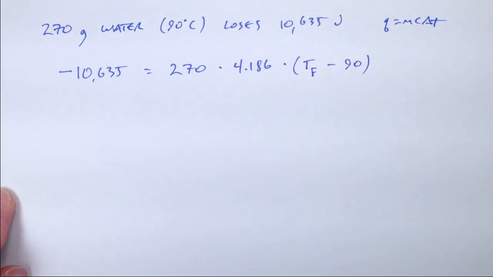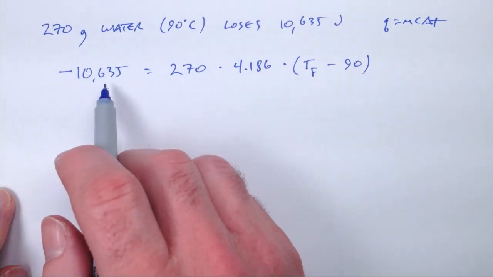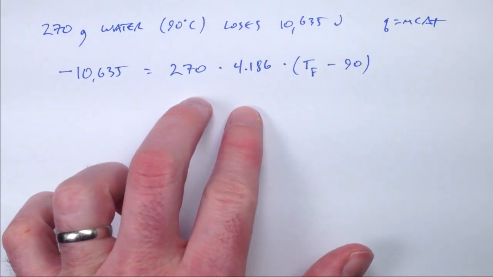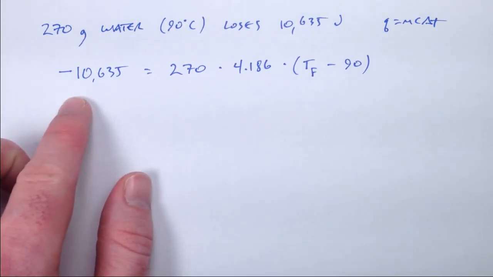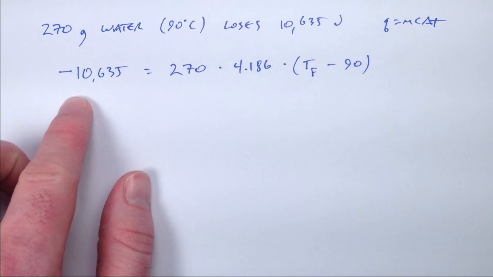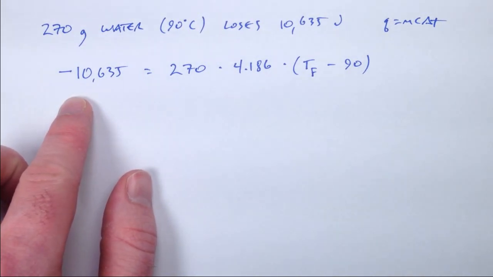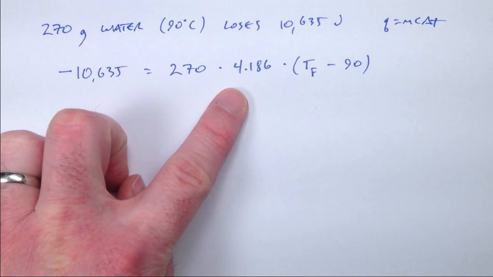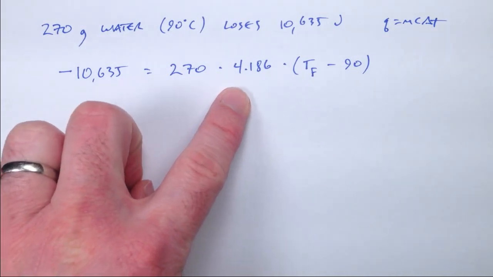So this isn't so bad. I can just take 10,635 and divide it by both of those numbers, and I will end up with the temperature change. So, 10,635 divided by 270 and also by 4.186.